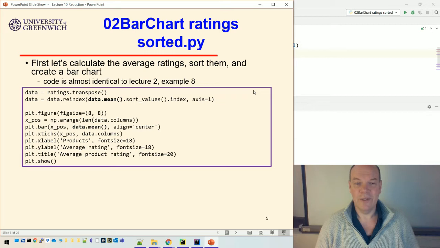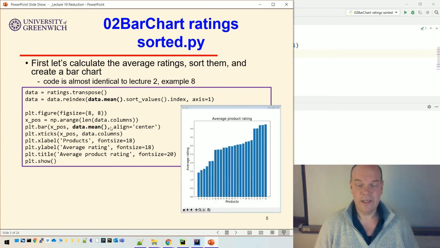And so I'm going to transpose the data to give me the transposed version of the data, and then I'm going to sort the data by the average rating. Okay, so that sorts the data, and then I'm going to draw a bar chart. This is almost identical to one of the bar charts we saw in lecture 2. I'm just drawing a bar chart of the average rating, and if I do that, it looks like this.